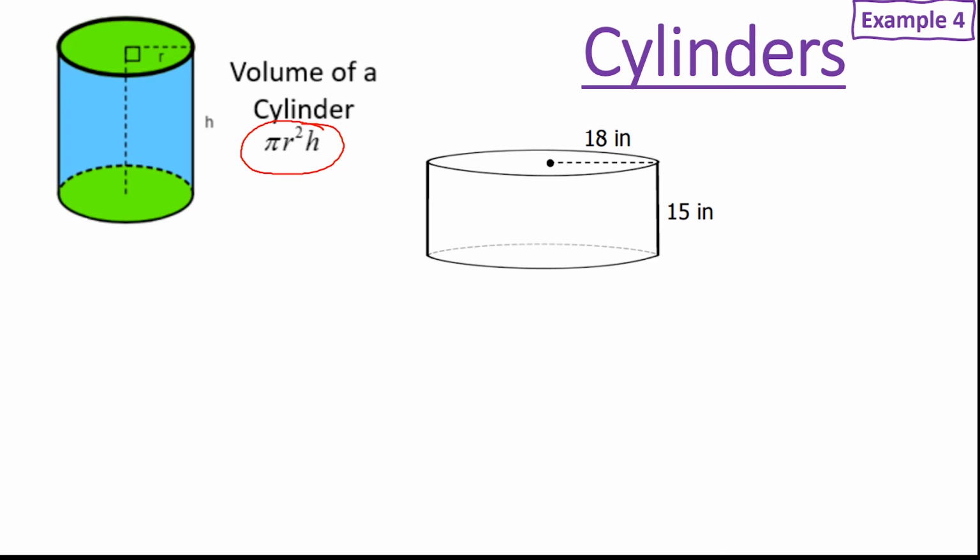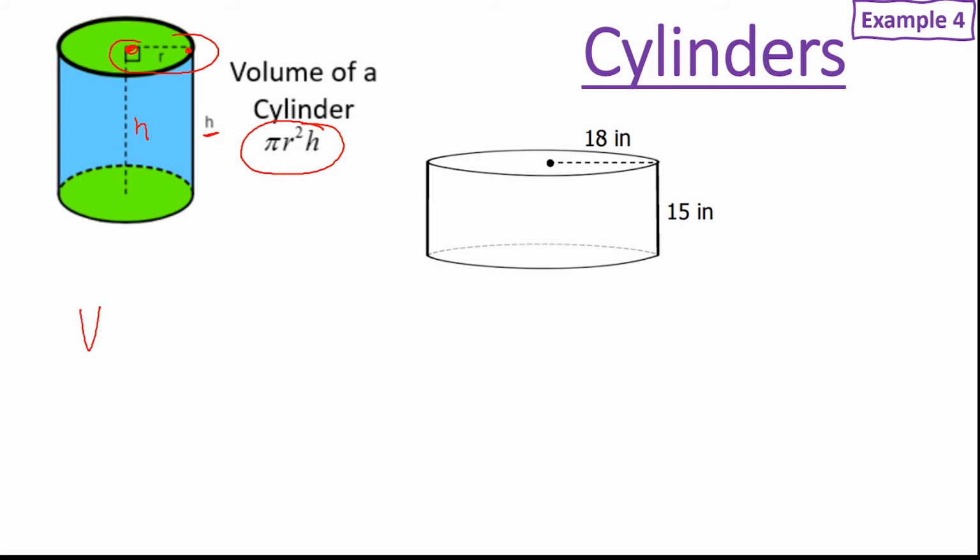Remember, r is your radius right here, so it goes from the center of the circle to the edge. A cylinder has two circles, and the height is the height of the can, or the height of a cylinder. So it goes from one base to the other. So it's still the height between your bases, because the base of a cylinder is a circle.